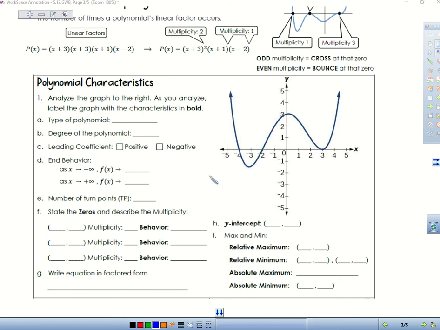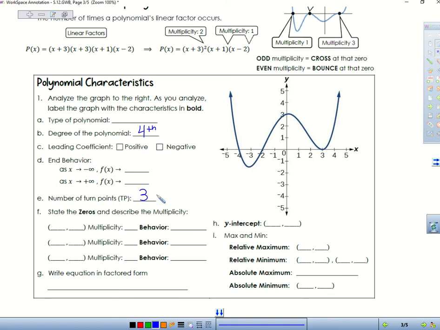First thing I always do is identify the number of turning points, which is how many? 3. Remember, turning points are just changes where we go from increasing to decreasing, or decreasing to increasing. Now, the degree of the polynomial is always 1 more than the number of turning points, which means that it is 4th degree.